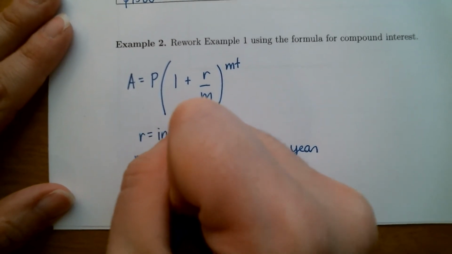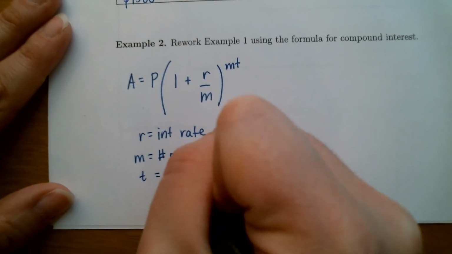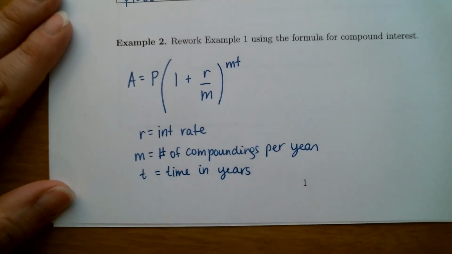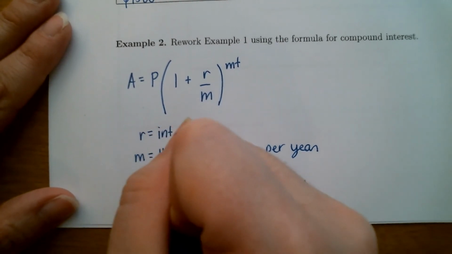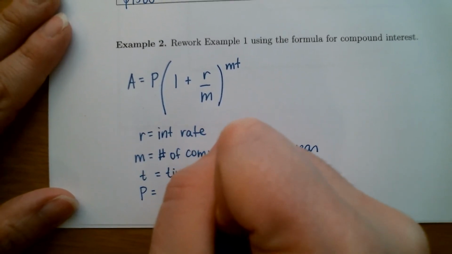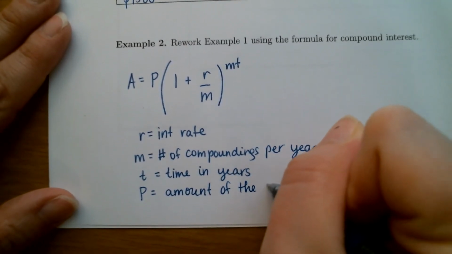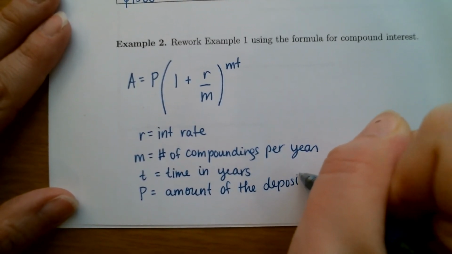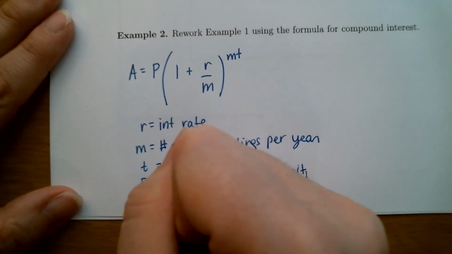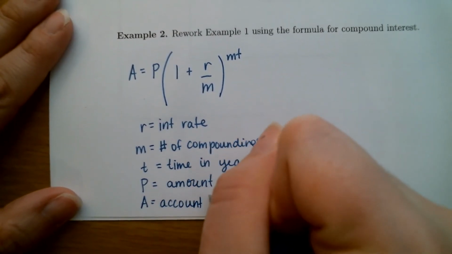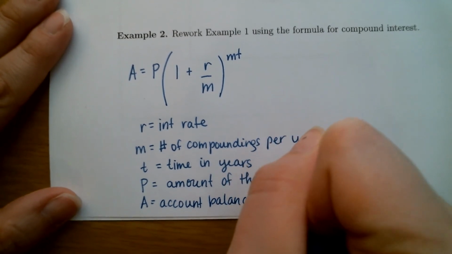T is the time in years. Time is always measured in years in these problems. P is the amount of the deposit, because remember you're making a one-time deposit. And then A is the account balance. All right, so that's what all these guys stand for.